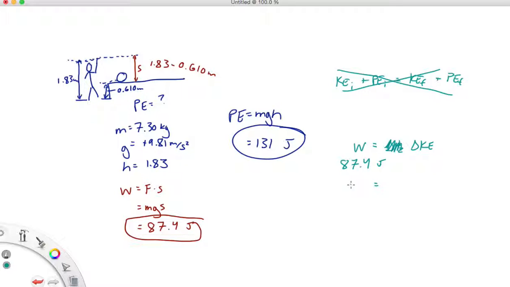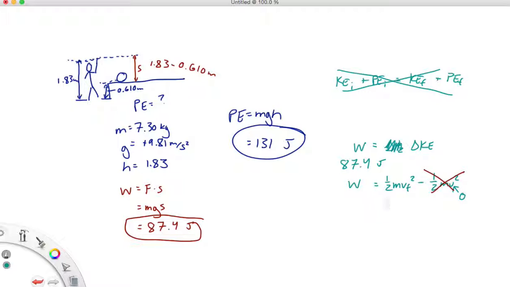Work equals 1/2 m vf squared minus 1/2 m vi squared. This is the initial velocity here. The initial velocity is 0, so this entire term drops off.